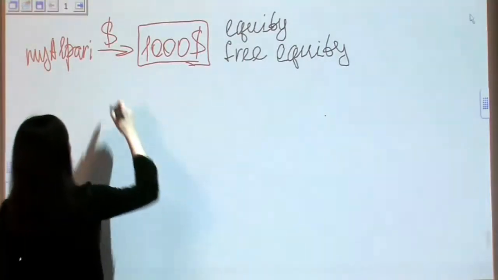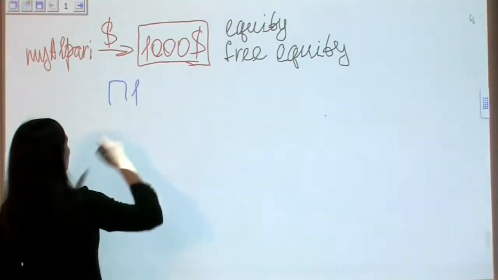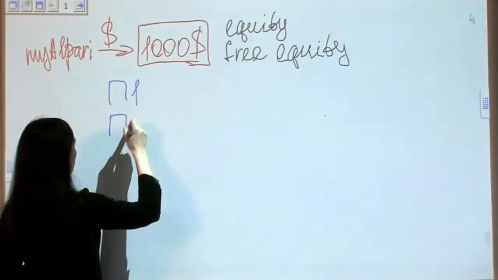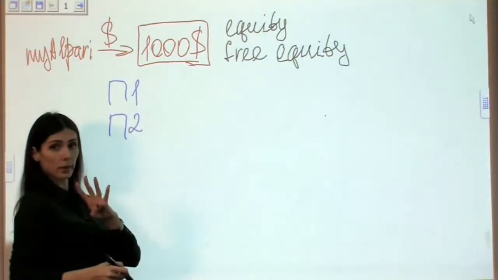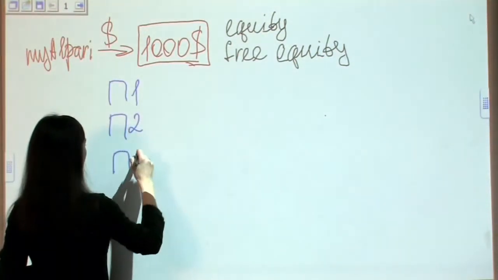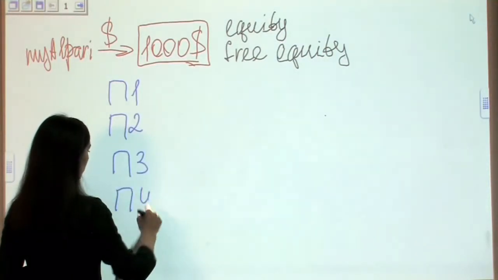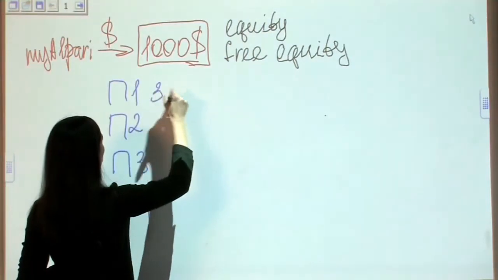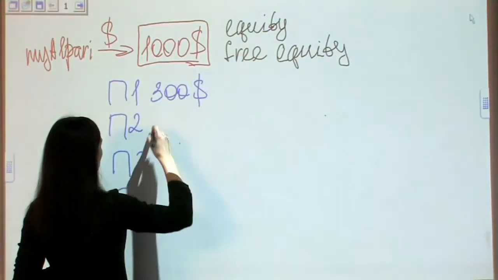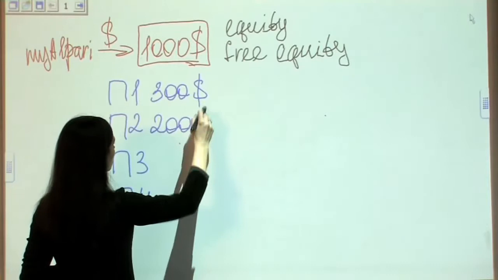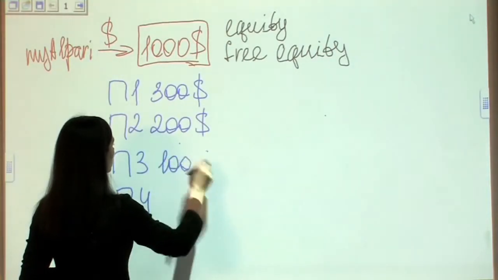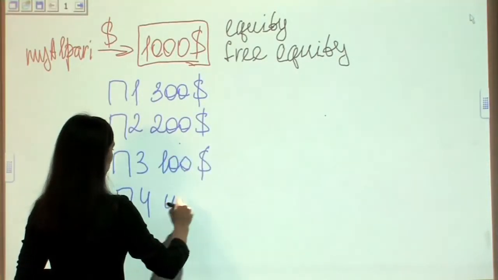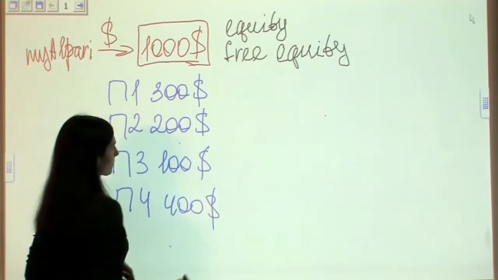Let's guess that you distribute this $1,000 through 4 PAMM accounts. The first PAMM account you deposit with $300, the second one with $200, the third one with $100, and the last one with $400.